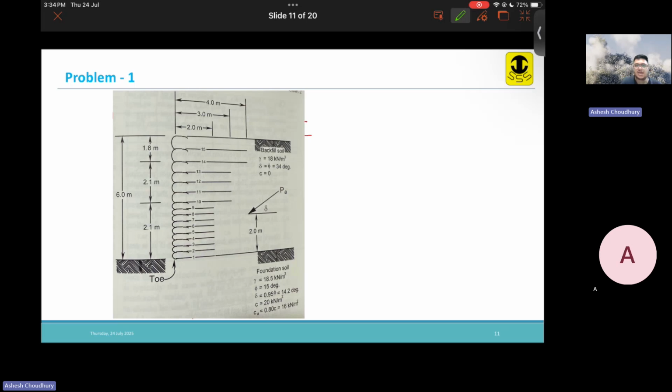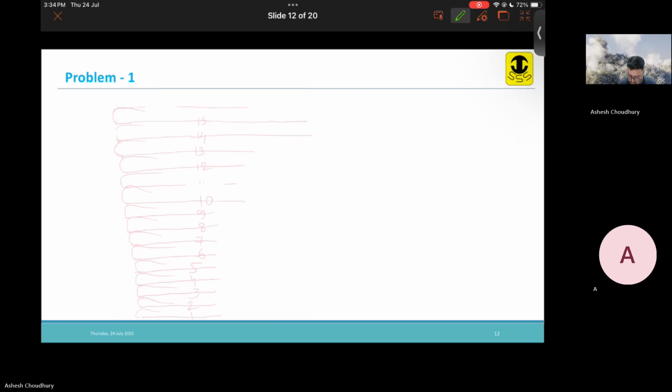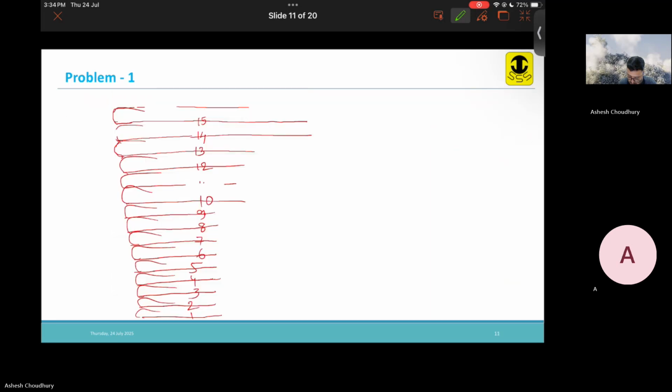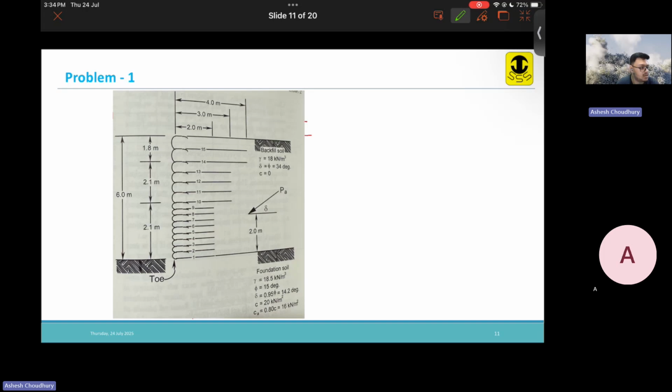Okay, so this is the design that they've used.